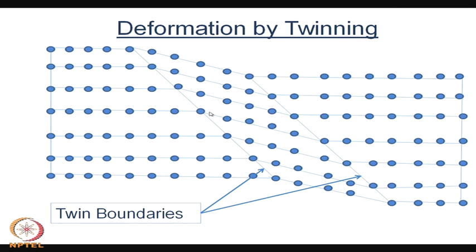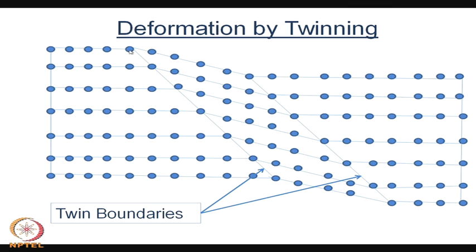If you look at this boundary, either this boundary or this boundary, once again one can imagine a plane there, and if you take the atoms across these boundaries, you will find this part of the plane is a mirror image of this plane.